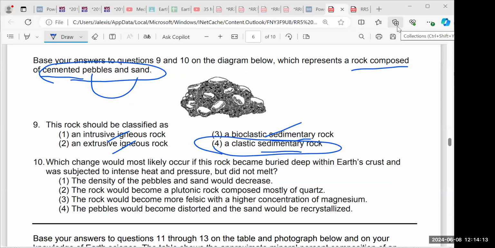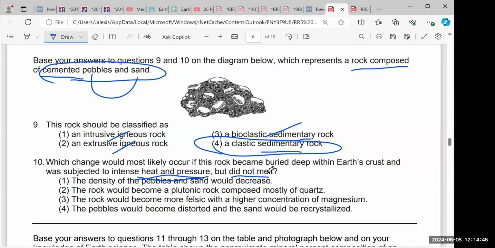Number 10, which change would most likely occur if this rock became buried deep within Earth's crust and was subjected to intense heat and pressure, but did not melt? All right. So if this rock was buried deep in Earth's crust and subjected to intense heat and pressure, but did not melt, that lets me know that it would become a metamorphic rock.